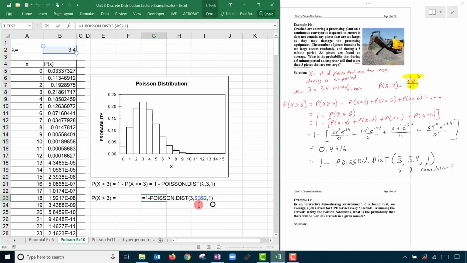I just referenced the cell there. It's in cell B2. I don't really need the dollar signs here because I'm not copying it anywhere. And then 1 for cumulative. So we get our answer there. There's a 44% chance that we'll experience more than 3 pieces that are too large during a 5-minute period on this conveyor belt.